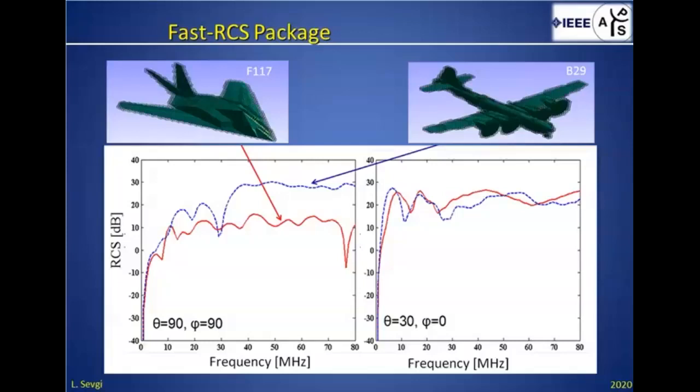But on the right, theta is chosen as 30 degrees and phi is 0 degrees. These two angles correspond to quite top illumination. So if you observe these two targets from the bottom or top, their RCS is almost in the same order.